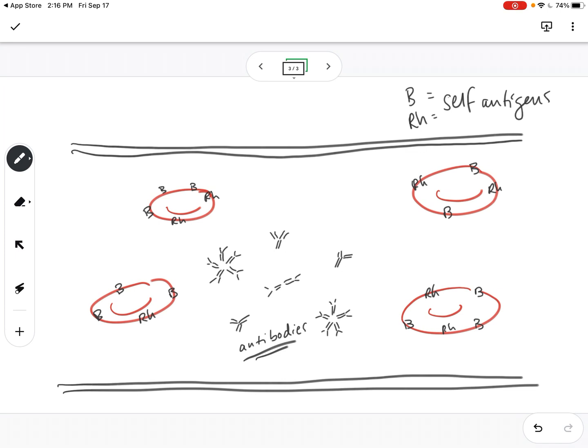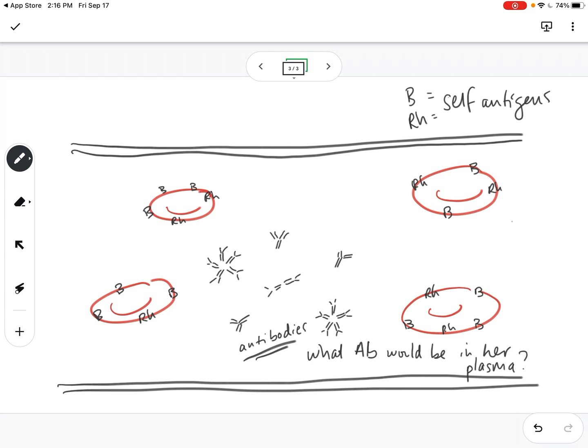So if we look at her antibodies, one question that I might phrase for you guys is, what antibodies would be in her plasma? Shorthand for antibody is AB.